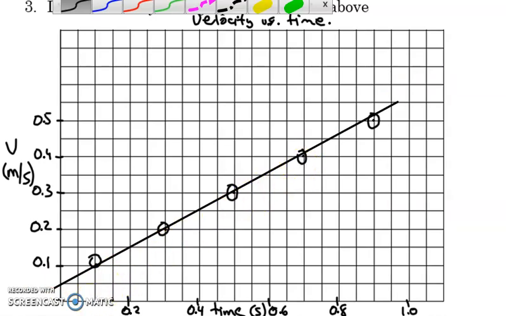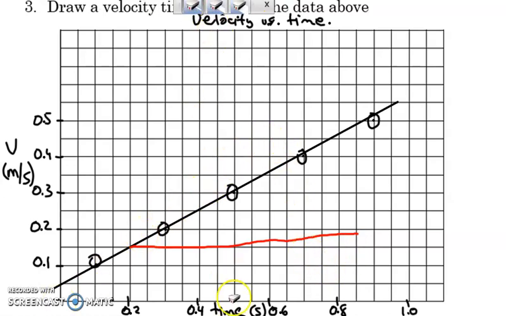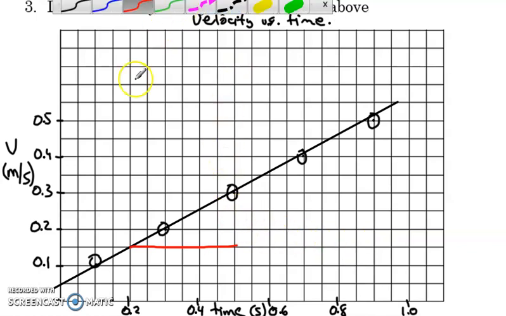Now, if we are going to find that, we're going to need to pick 2 points. Let's say like this point here. Oh, my line's gone a little bit off there. I'll erase that. And we need to find another point, something that's on the line.